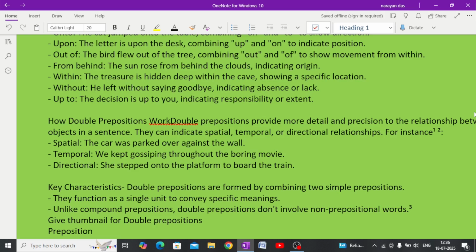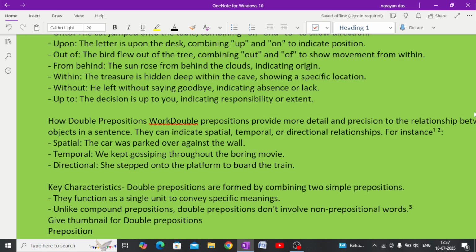Spatial, example: the car was parked over against the wall. It is a place or spot. Temporal: we kept gossiping throughout the boring movie. Directional: she stepped onto the platform to board the train. That means she walked towards the train, movement towards the train.